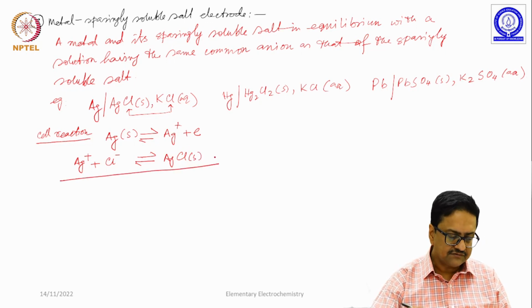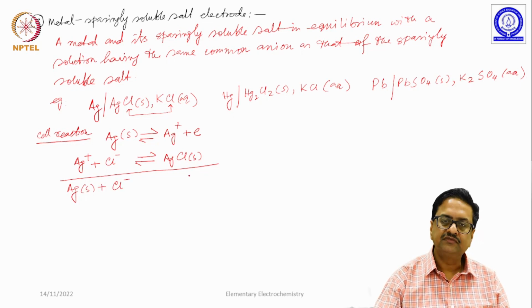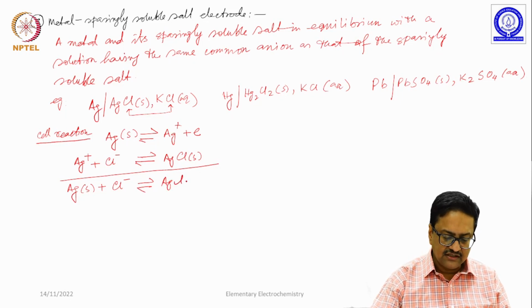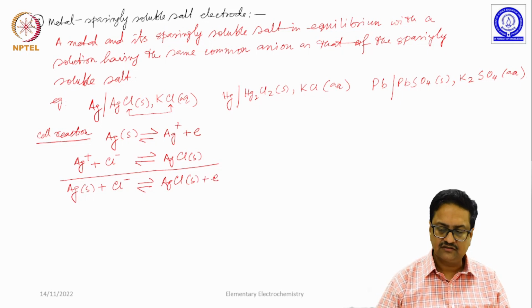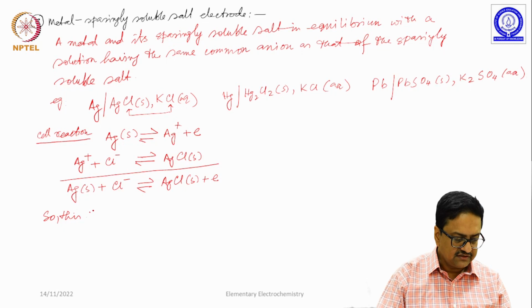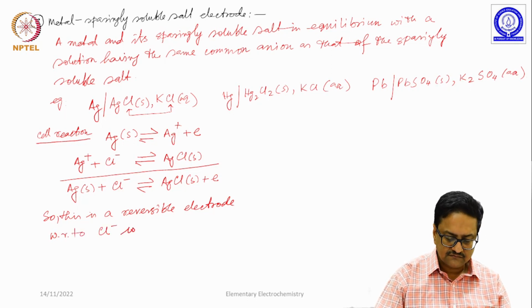So the overall half cell reaction is Ag solid, that is the metal, taking Cl minus from the solution, which comes from KCl, in equilibrium with AgCl solid plus an electron, right? So this is a reversible electrode with respect to chloride ions.